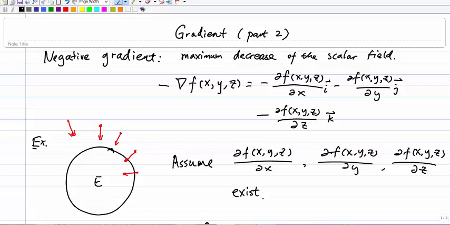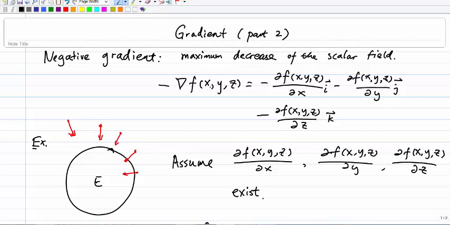So the gradient actually means the direction that gives the maximum increase of the scalar field if we move along that direction. In other words, if I give you a scalar field like f(x, y, z), the gradient gives us the maximum increase of the scalar field if we move along the direction defined by the gradient.